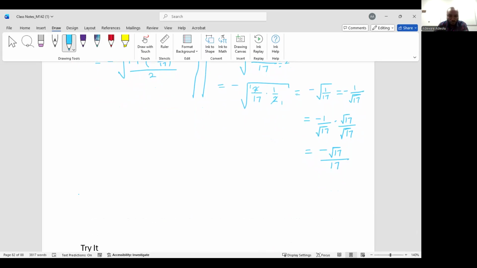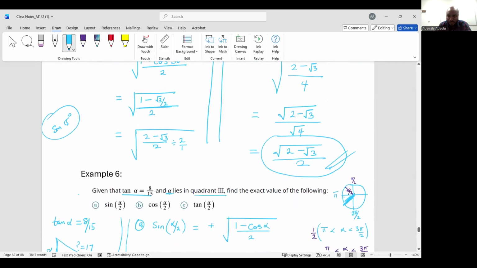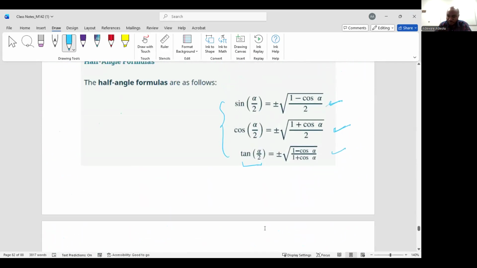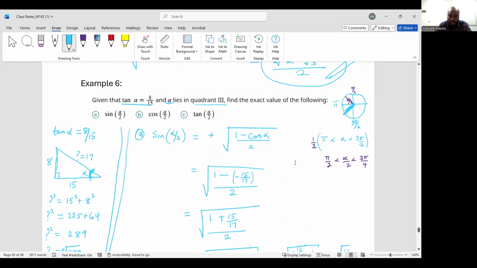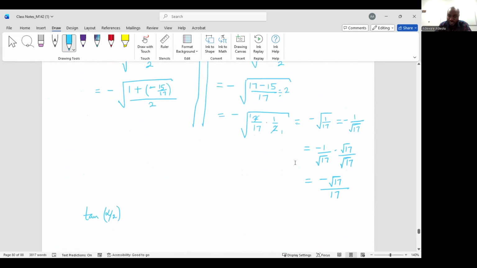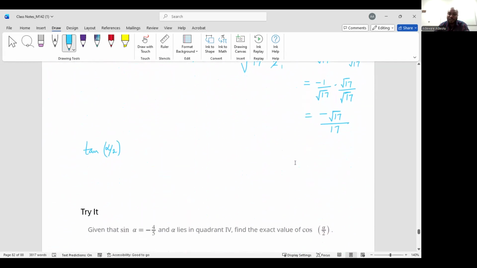Lastly, we need to find tangent of alpha over 2. Well, I can go ahead and use the formula here, or I can just use my result for sine divided by my result for cosine, since tangent of alpha over 2 is sine of alpha over 2 divided by cosine of alpha over 2.